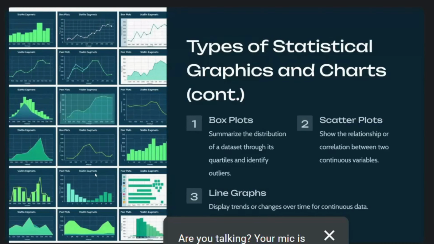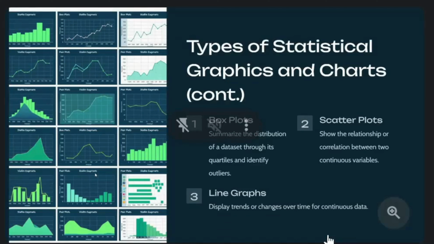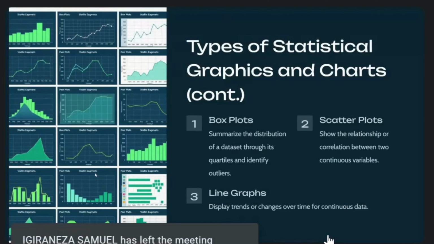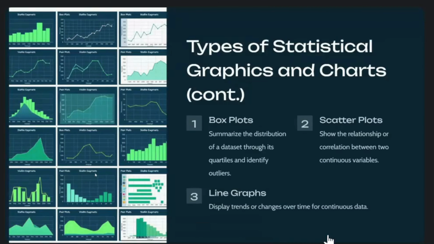So the scatter plot helps us to see the relationship between a root cause and the result of that root cause. This is how we can describe the scatter plot, but mostly it shows us the relationship between two numerical variables. When we look at the relationship by using a scatter plot, we really focus on numerical variables.